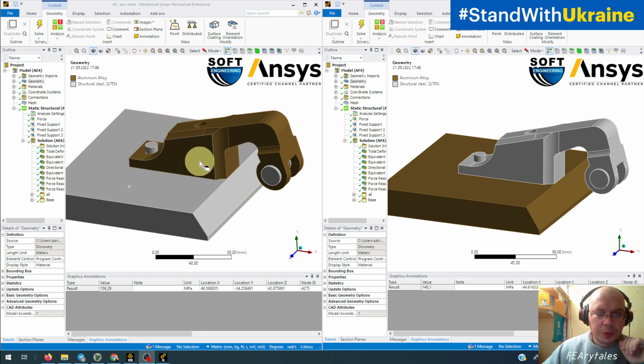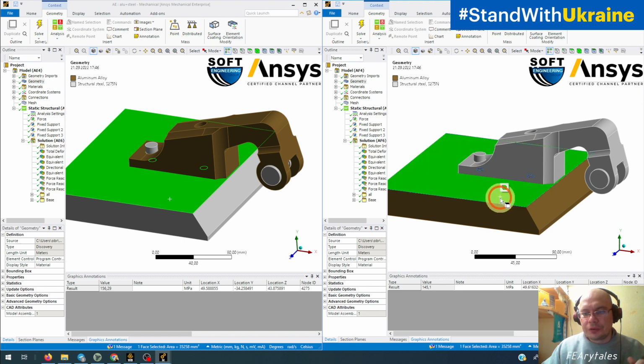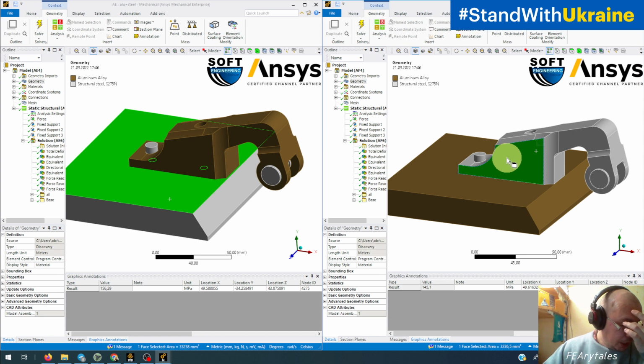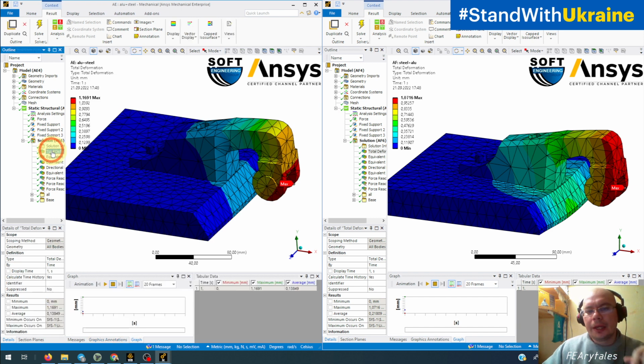For the first construction, we have a crank created from aluminum alloy, and all other parts, including bolts and base, created from steel. And for the second construction, we have the base created from aluminum alloy, and all other parts, including bolts and crank, created from steel.